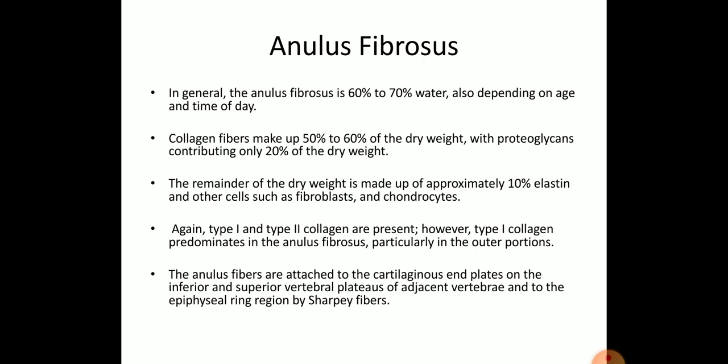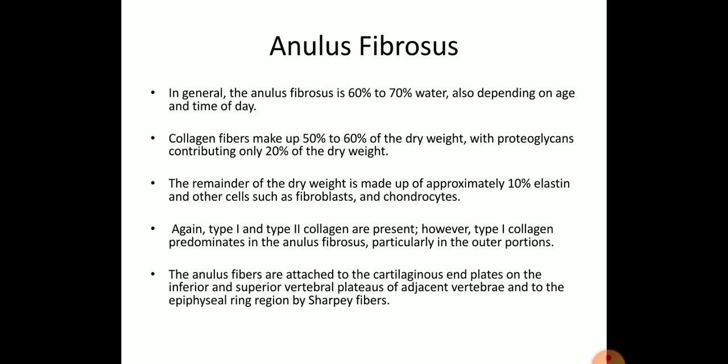The annulus fibers are attached to the cartilaginous end plate on the inferior and superior vertebral plates of adjacent vertebrae, and to the epiphyseal ring region of the Sharpey fibers. First we said the nucleus pulposus is a central structure.